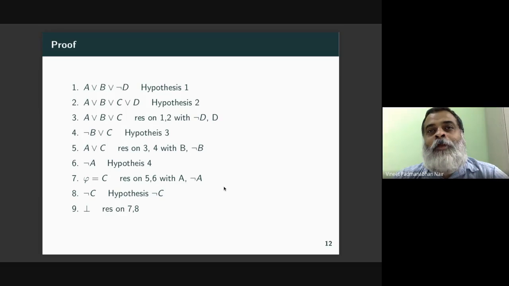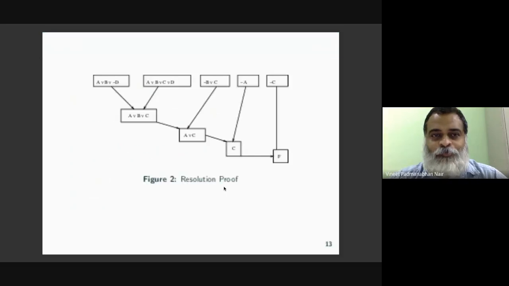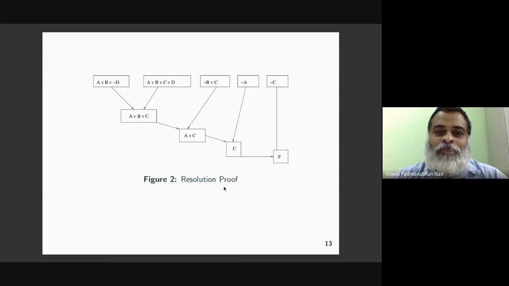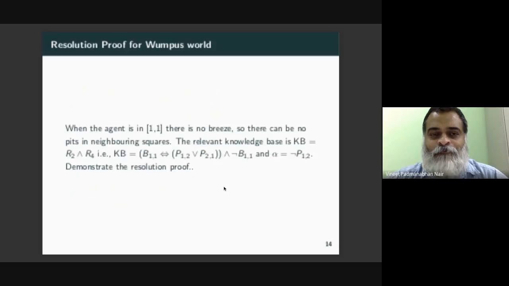And when you have a set of Horn clauses, how do you do forward chaining, backward chaining? Third one is resolution proof, direct resolution proof, as well as resolution refutation, or in a way you can tell that this is proof by contradiction, and the diagrammatic proof of what you have seen in the previous slide.